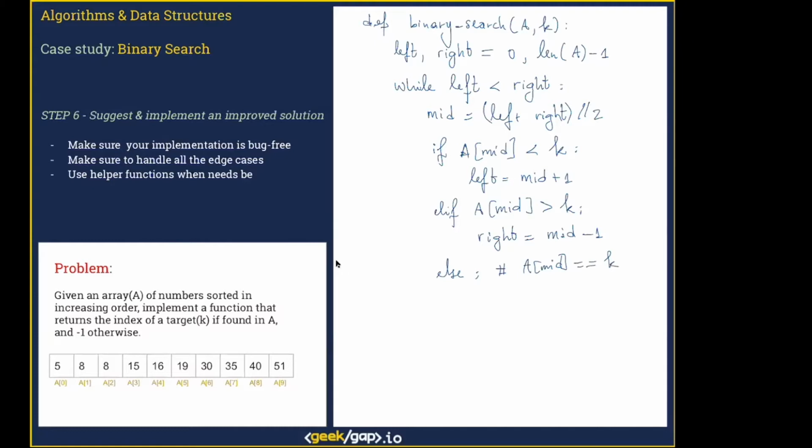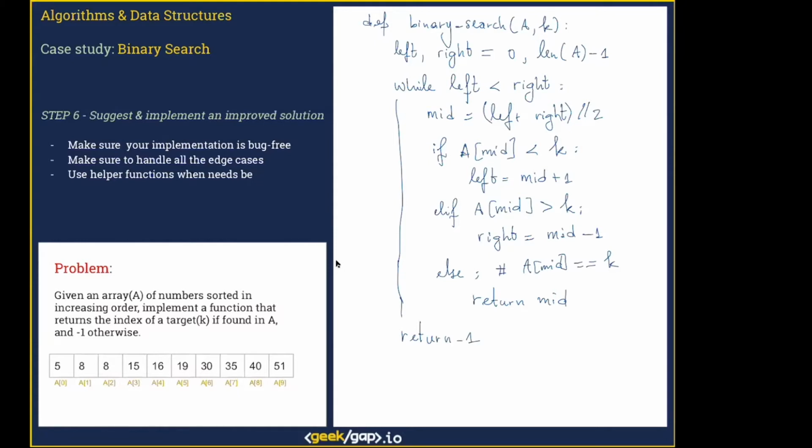We want to return mid, because if a[mid] equals k, then that's the position where it is. And if we are out of this while loop, it means that left has crossed right and we haven't found what we were looking for. So we return -1. So that's it.